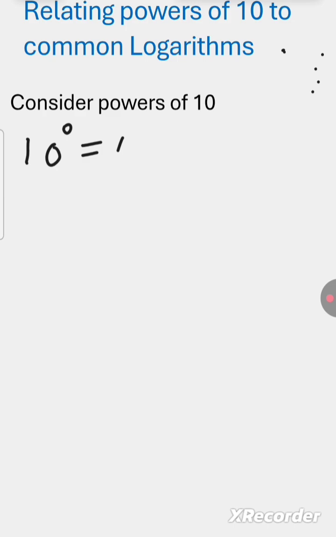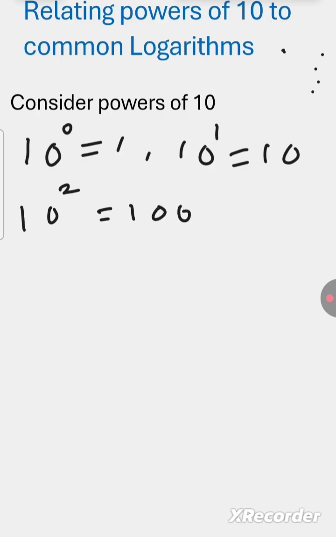Therefore, 10 index 0 is equal to 1. 10 index 1 is the same as 10. 10 index 2 is equal to 10 by 10, which is equal to 100. 10 power 3 or index 3 is the same as 10 multiplied by 10 multiplied by 10, which is equal to 1000.